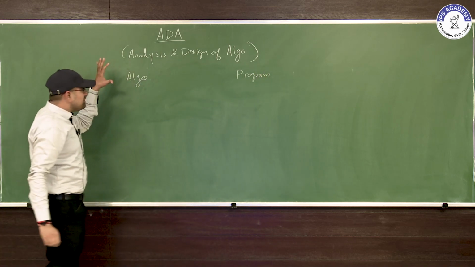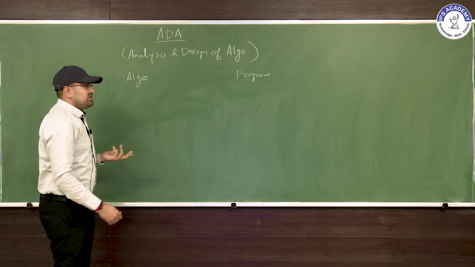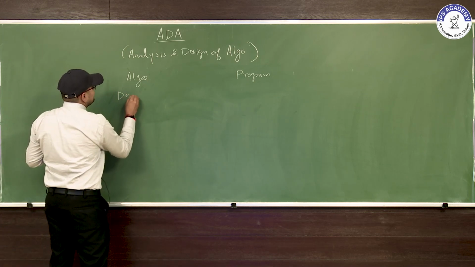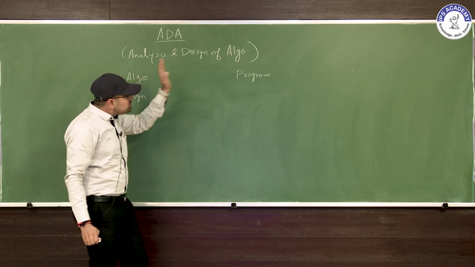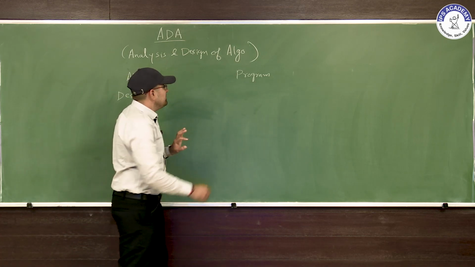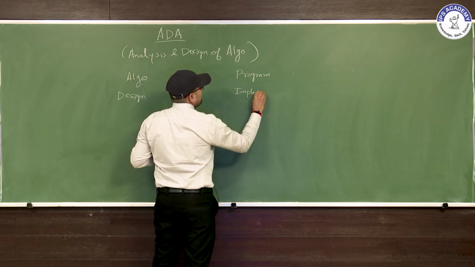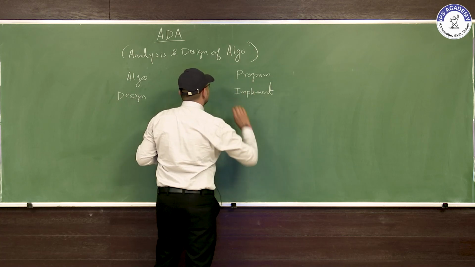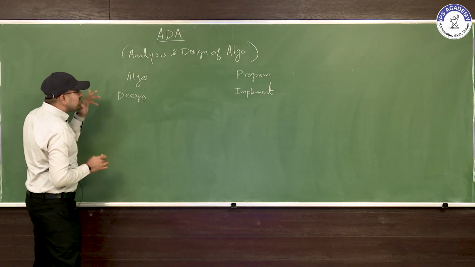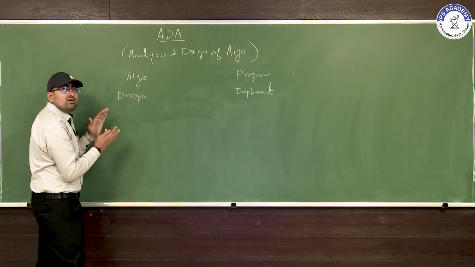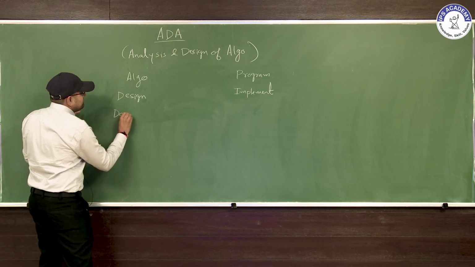So as far as algorithm is concerned, right, we design an algorithm. As far as a program is concerned, we implement a program. Second thing, if we talk about algorithm, then for writing or designing an algorithm, domain knowledge is required.